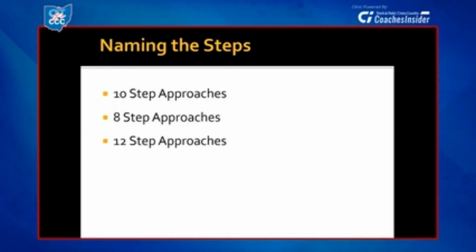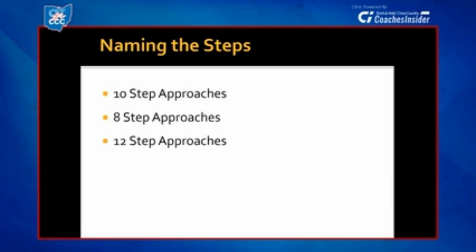The vast majority of high jumpers at the high school and collegiate levels use 10-step approaches. It produces the correct levels of velocity, and it also is something that they can manage and control as far as curve-related forces. So I base my discussion and my teaching on a 10-step approach.